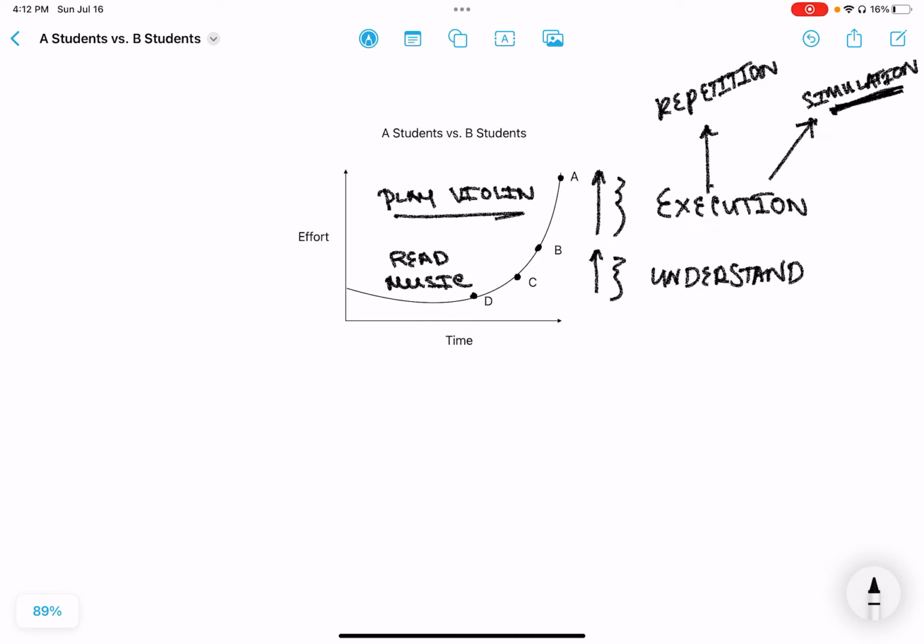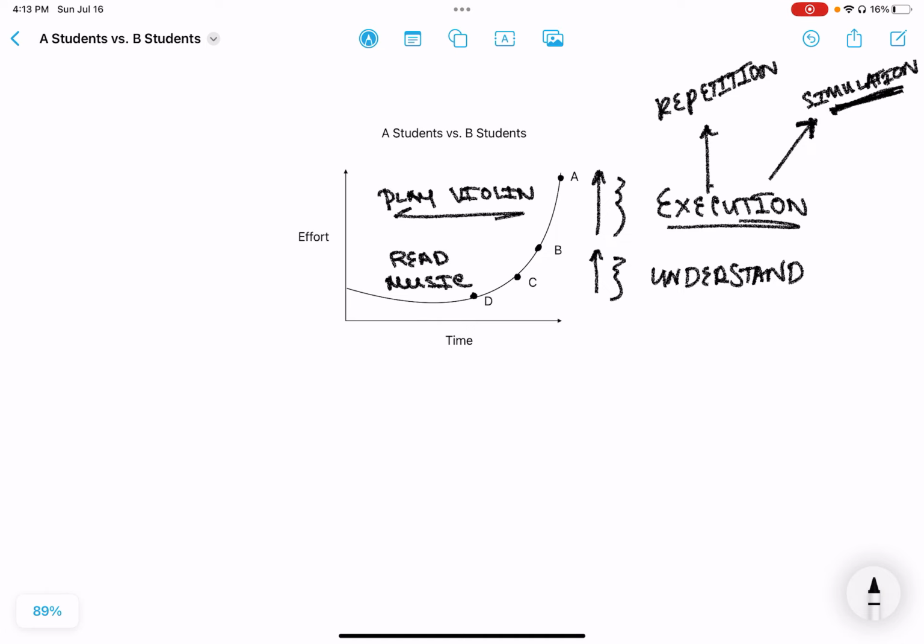Playing the violin requires a lot more practice, a lot more making mistakes. It requires a lot of repetition, and you'll actually have to sit and put physical effort almost into it, just as if you would put pen to paper in organic chemistry, right? So reading the music and playing the violin are two completely separate things, and that's what separates B students from A students, is being able to get to that level of execution.